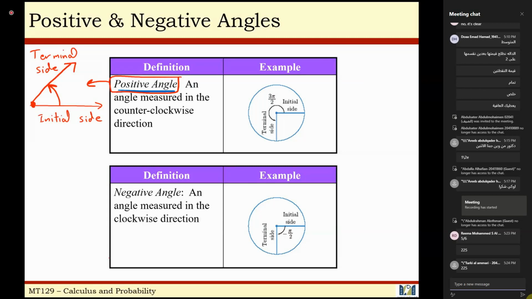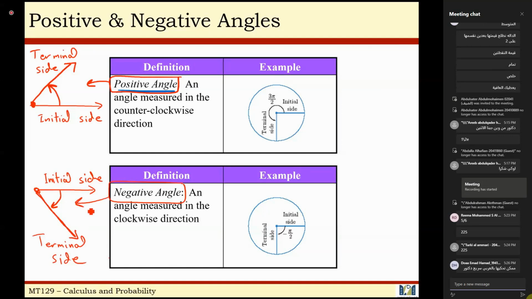But if this is the initial side and we move to the terminal side by clockwise movement, so we have a negative angle.